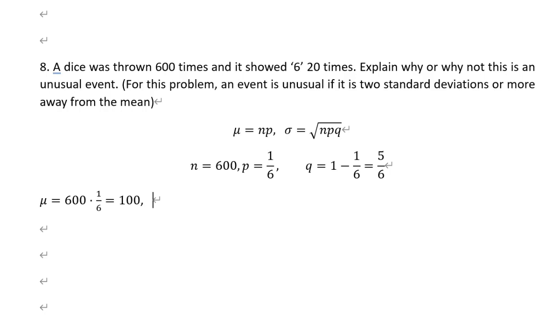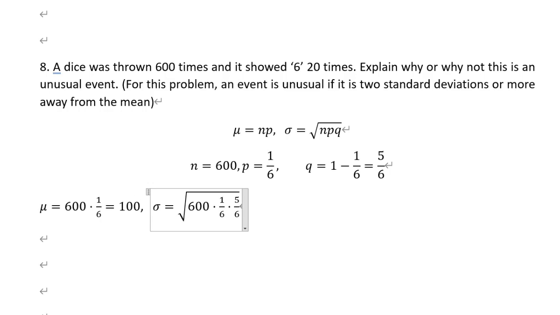Whereas for the sigma, you need to do square root of 600 times 1/6 times 5 over 6. And you can just plug this into the calculator, but I'll just do it as square root of 500 divided by 6.